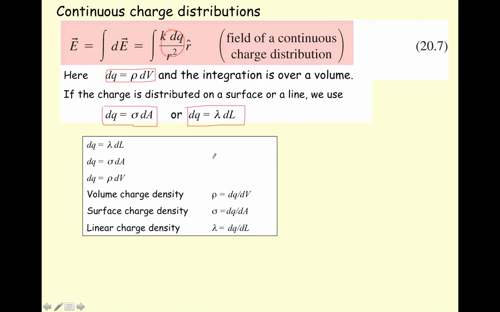We explained that in class very well. So this is a summary of the volume charge distribution, the surface charge distribution, and the linear charge density. Volume is a sphere, surface is a sheet, and linear is a line.